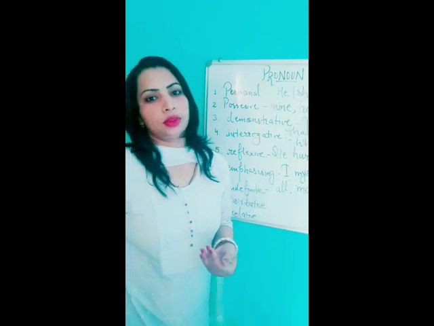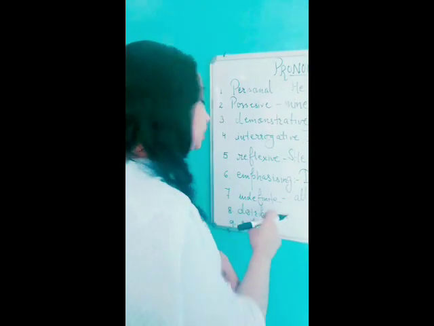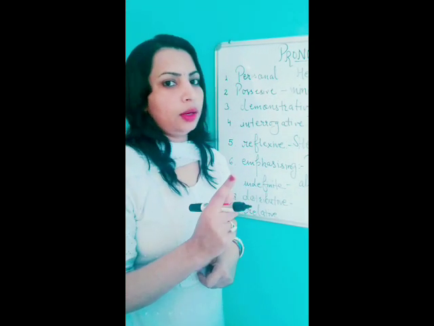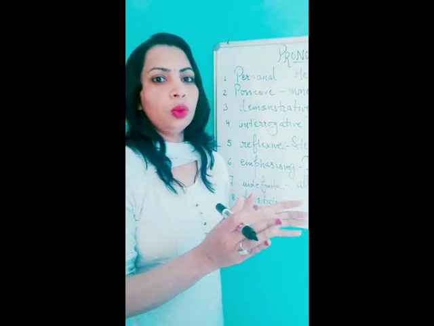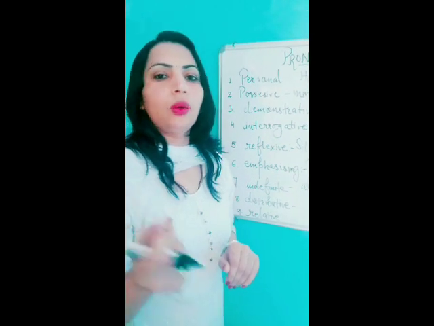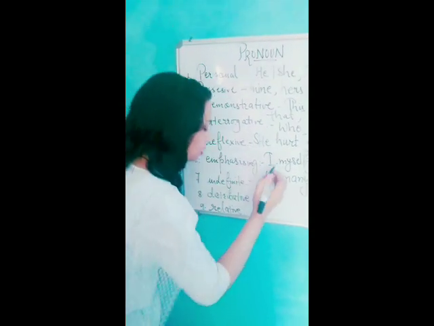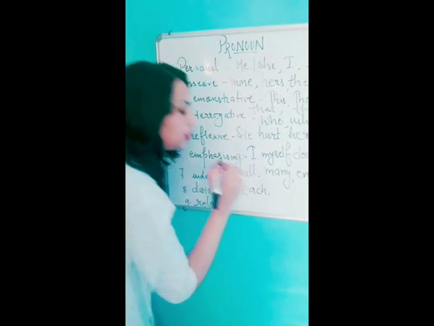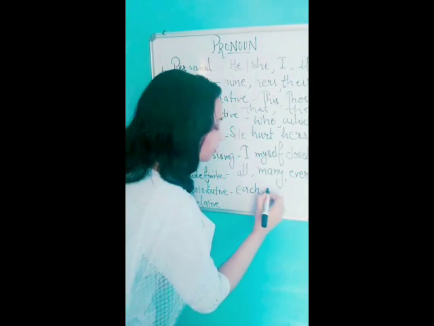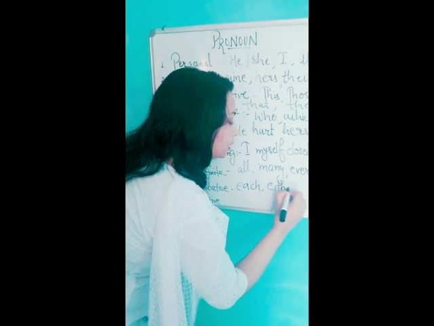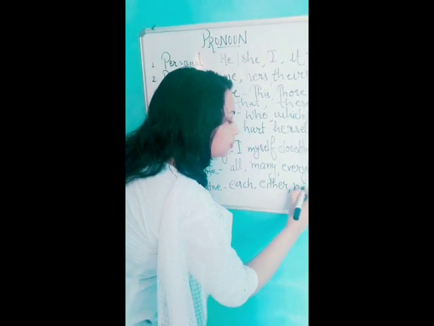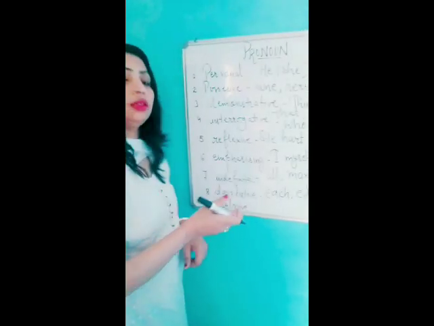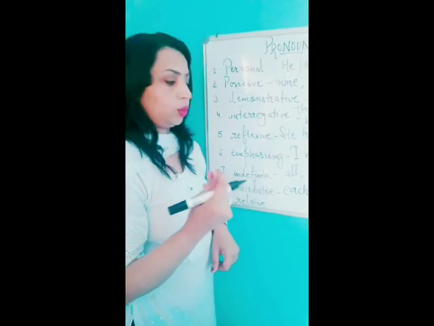So these kinds of words we can categorize into indefinite pronouns. In distributive pronouns, we refer to one noun out of two or many. How? Like each, either, neither. These come under distributive pronoun.